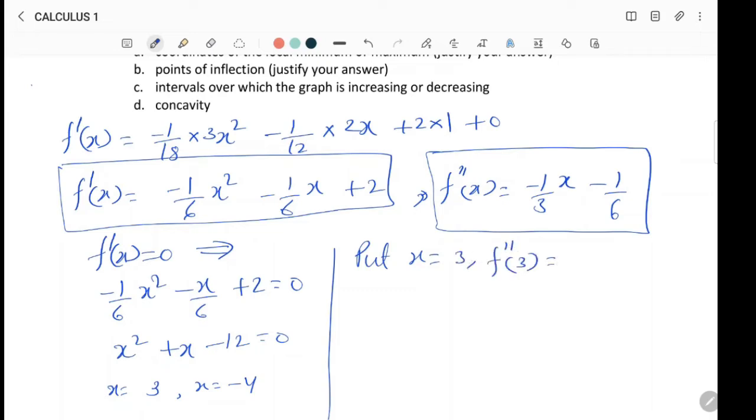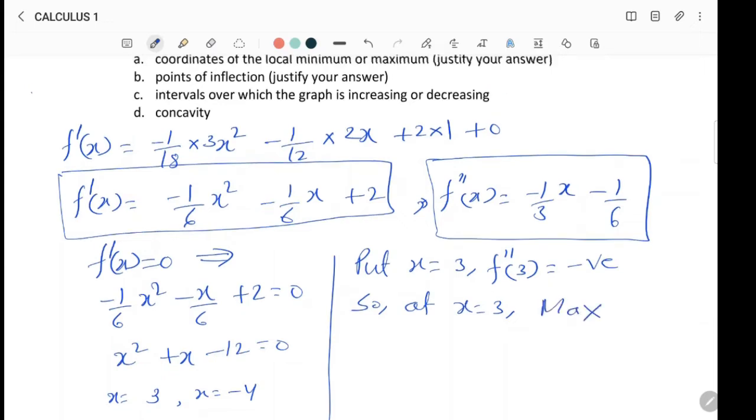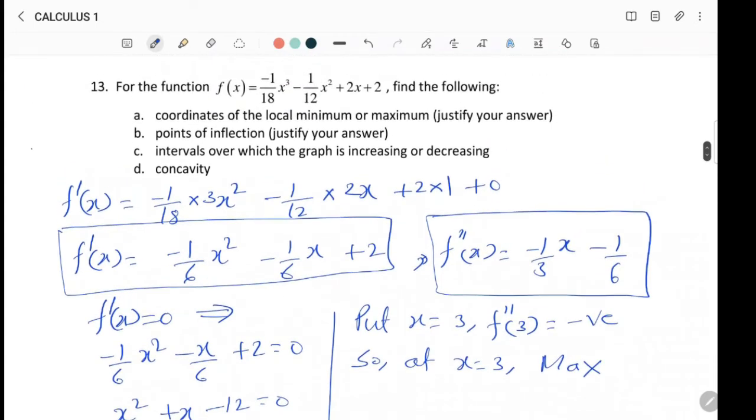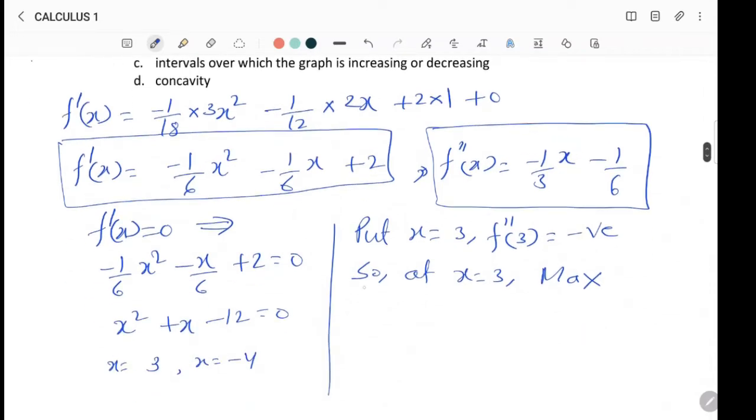So f double dash 3: minus 3 over 3 minus 1 over 6, so it will be negative. Of course you will get negative. So at x equals 3 we will get max. We don't have y because we didn't find it, we will find y.